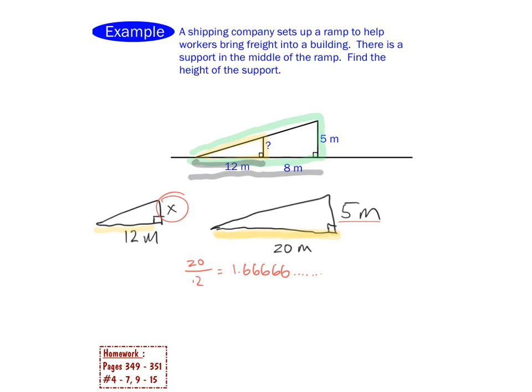So what we're actually going to type into our calculators would be 5 divided by 1.66666666666. And when we do that dividing, we're going to get 3 meters. So the height of the support is 3 meters.